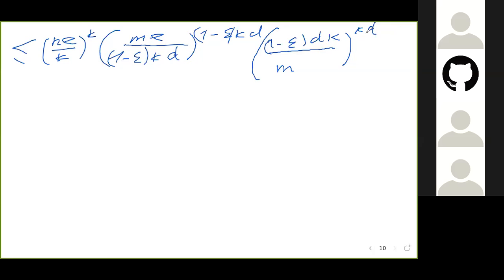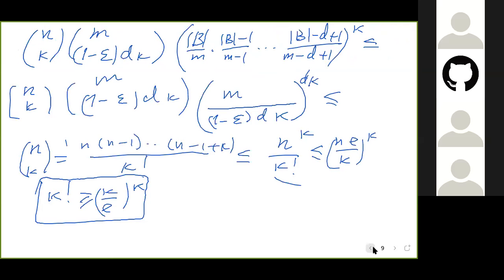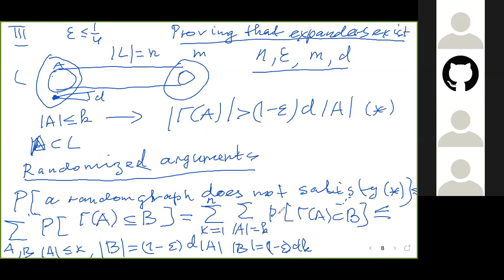Okay, and this can be simplified. First of all, one can see that everything is raised to the power of k. So first of all, we can rewrite this as follows. Raise everything to the power of k and write down that we just raise everything to the power of k. And recall that this is only one term, and actually we had the sum of such terms, the sum over all k's of this.